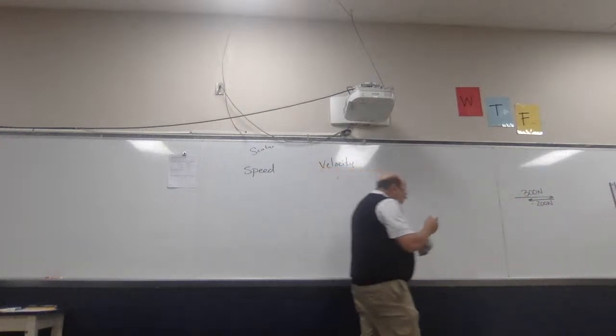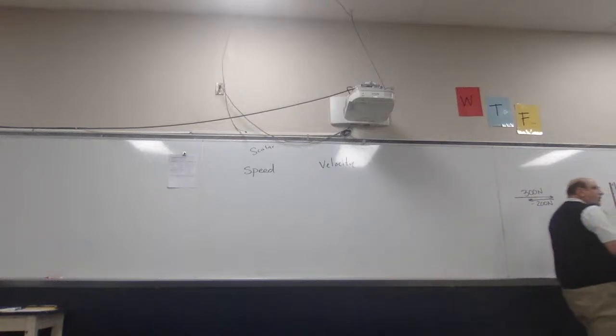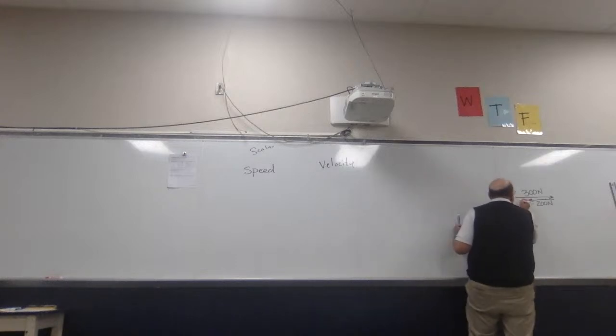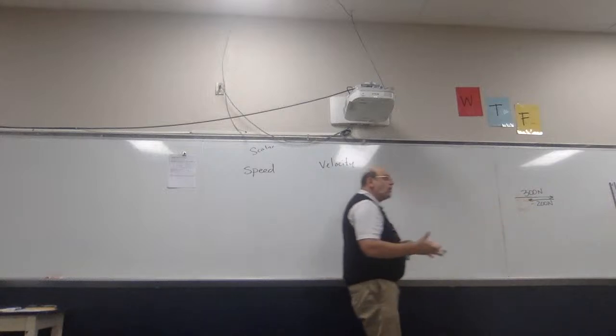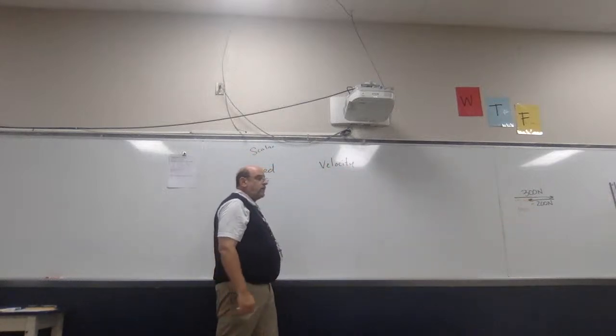So what's our resultant? Who's pulling more? The 300 guys, right? That's simple. So our resultant would be 100 newtons of force. And we would know, because it's positive, that it's headed that way.